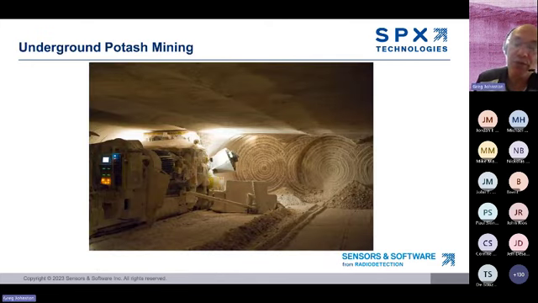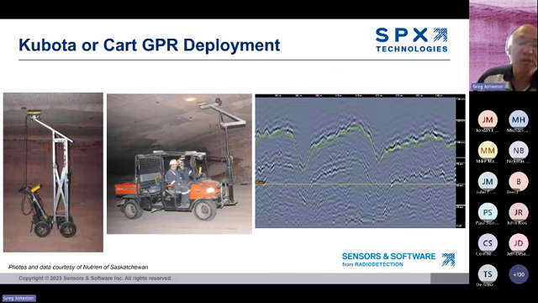So another place where there is concern about fractures is in underground mines, because fractures can lead to dangerous ceiling collapses or rock falls. Here's an example that I have, a data set from underground potash mining in Canada. Here is how one customer there is using GPR to image upwards to look for fractures or separations in the rock.